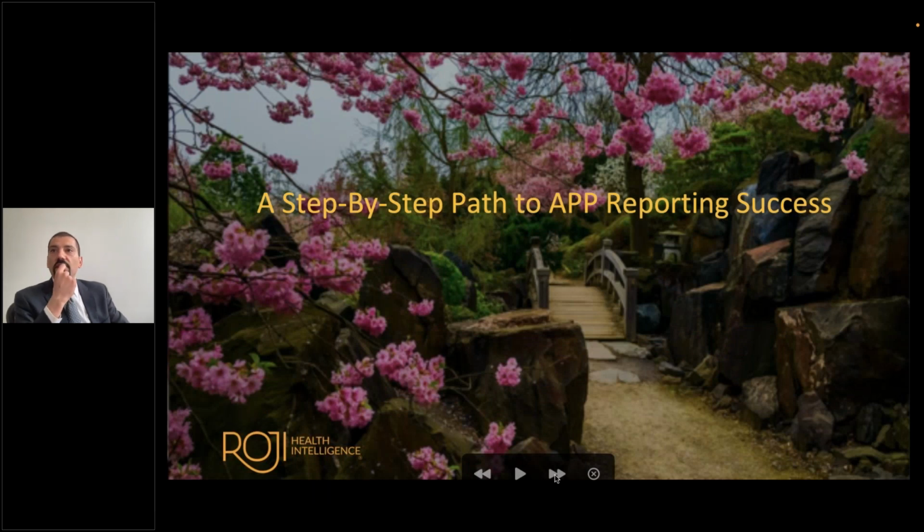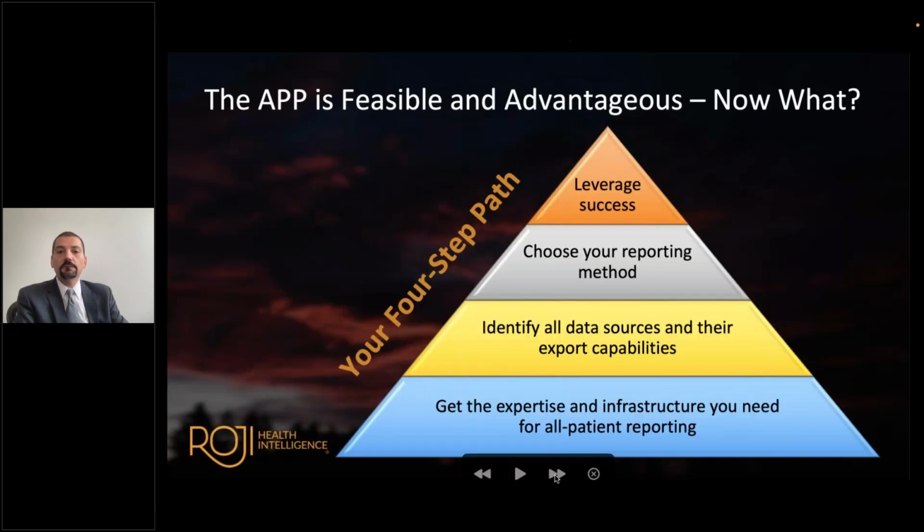So what you need is a step-by-step guide to achieve reporting success in the APP. So you've got a 4-step pathway. The first, and you can imagine it, you're building from the ground up. You need to get the expertise and the infrastructure that you need for all patient reporting.